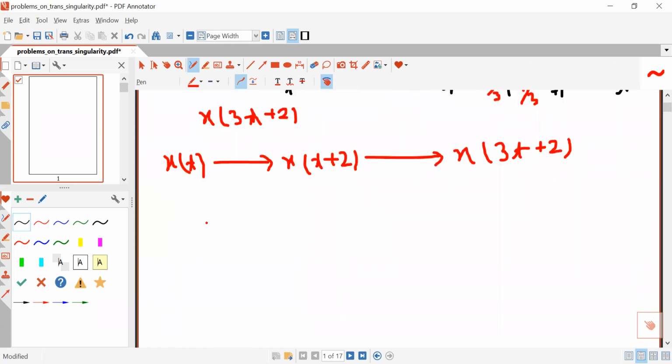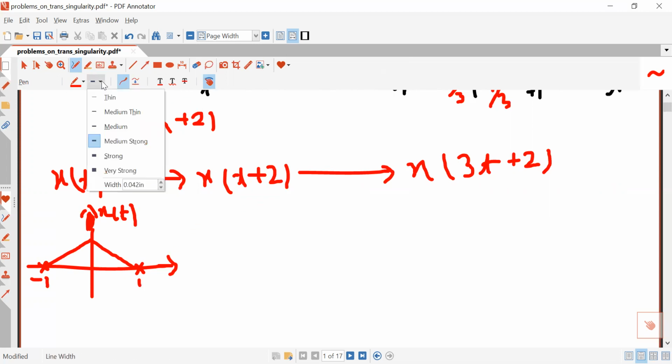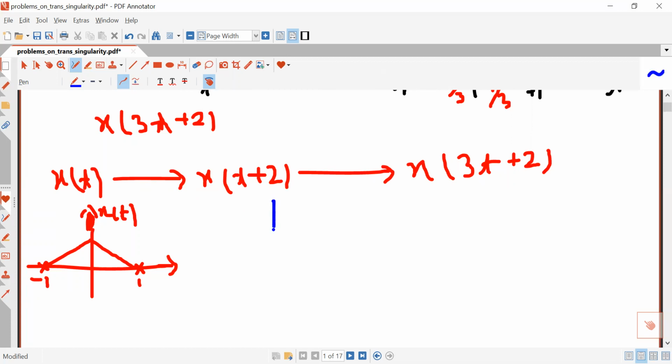The original signal x(t), which is given in the problem, crosses the time axis at 1 and -1. And now you have to shift the signal on the time axis by 2 units. This is time shifting.